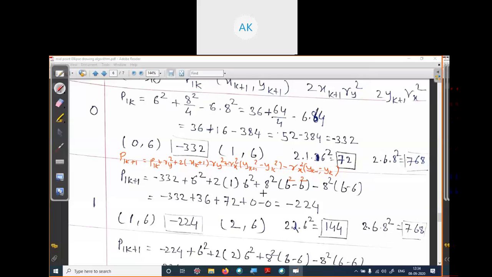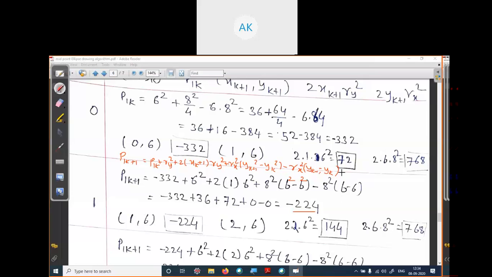Solve this and you will get minus 224. Again the descent parameter is negative, so x moves with unit interval, 1 plus 1 is 2, and y stays the same, so yk plus 1 will be yk.